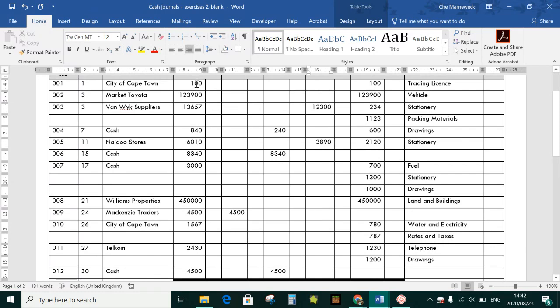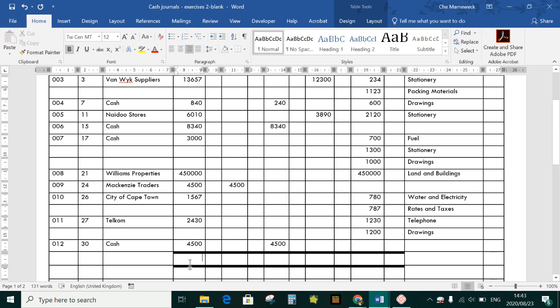What we're going to do is we're going to add all the values down in the bank column to get the total of bank.